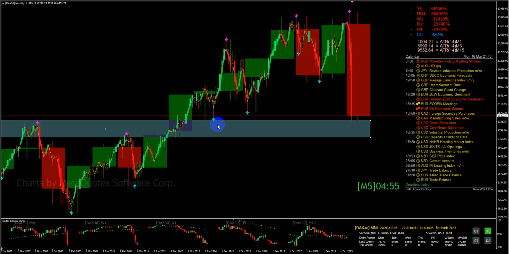But if you look at it closely, none of these wicks actually go down to this zone. They are all trying to reach this zone, but they are not actually reaching it.